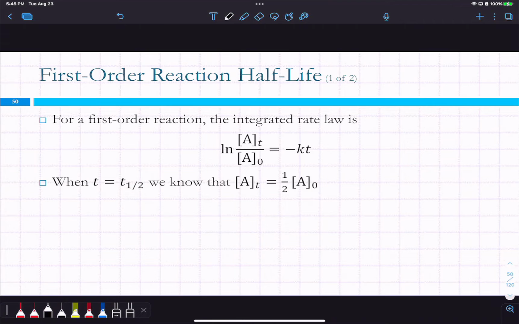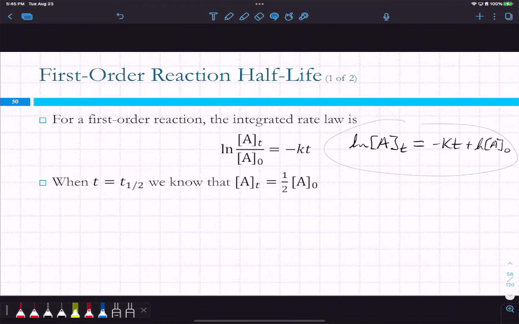So the trick for deriving these, let me write this out. This is the first order integrated rate law, but rearranged because it's easier to work with for this if you rearrange it. All right, so that's the first order rate law.